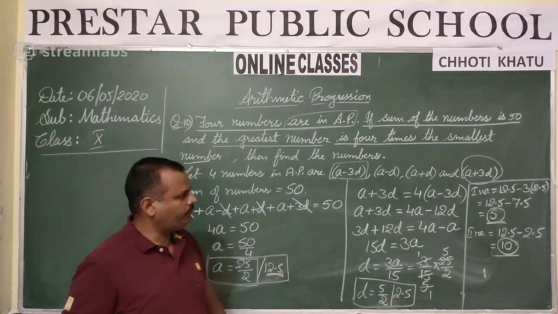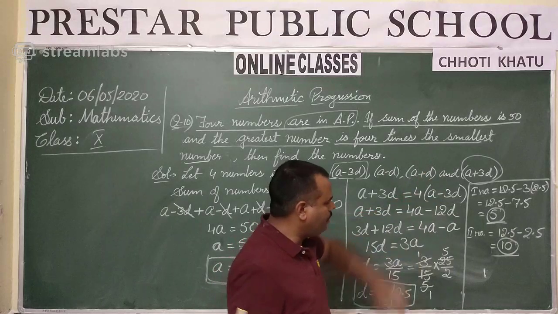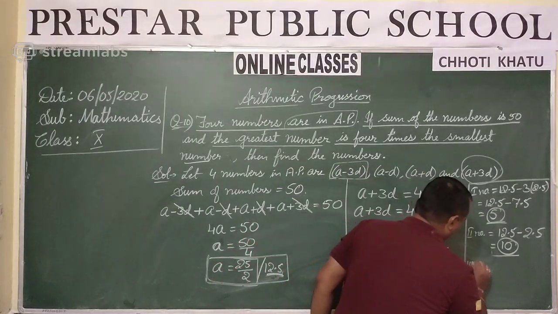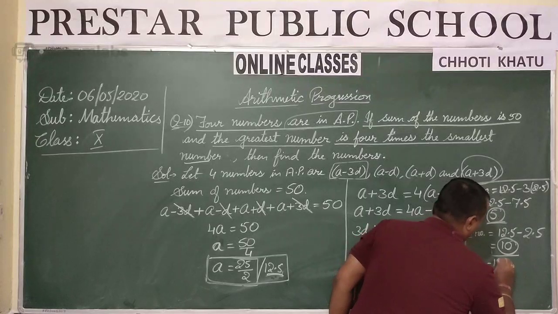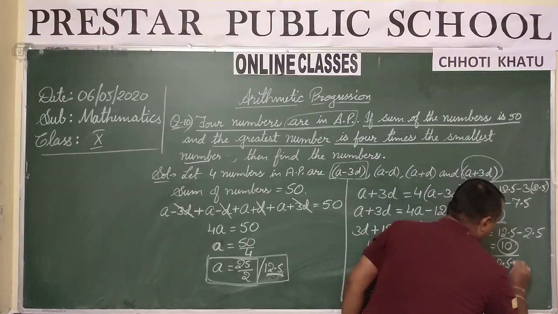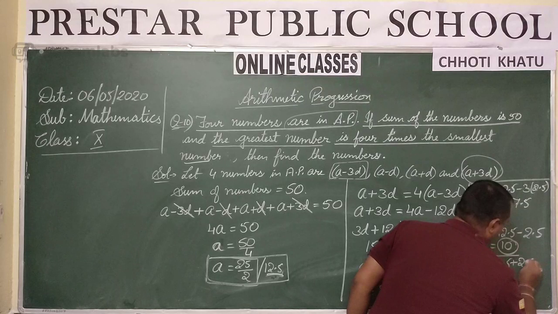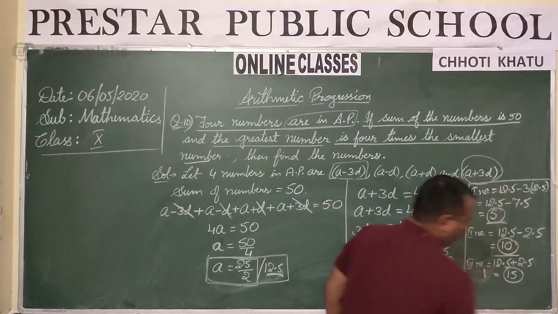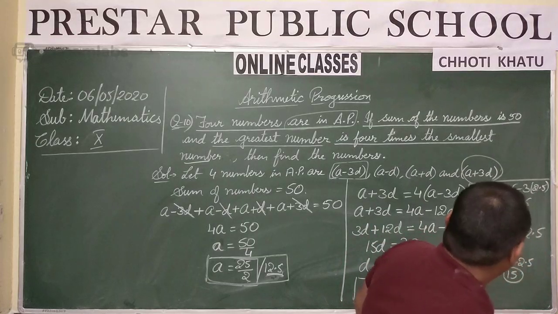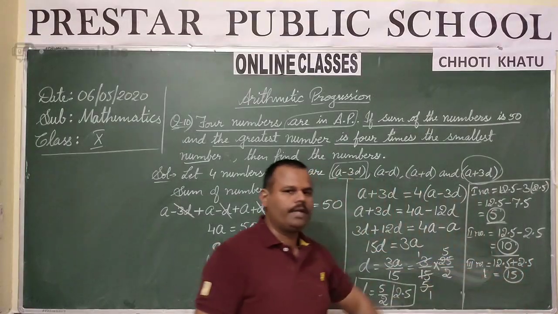The third number now is A plus D. So the third number is 12.5 plus 2.5, and it is 15. So you have the third number, that is 15.